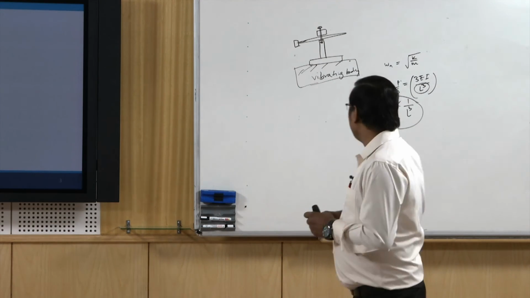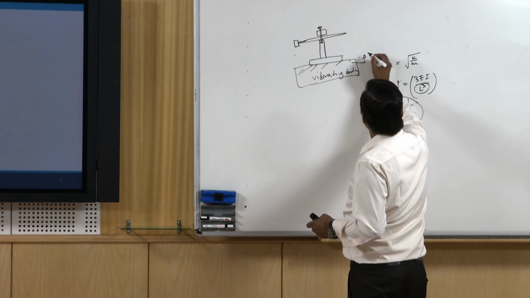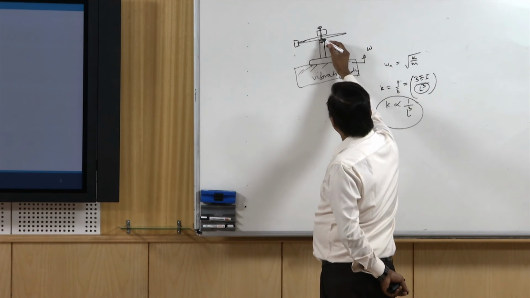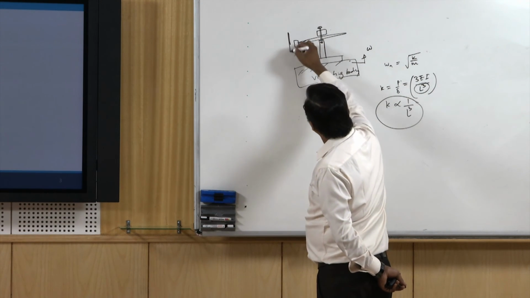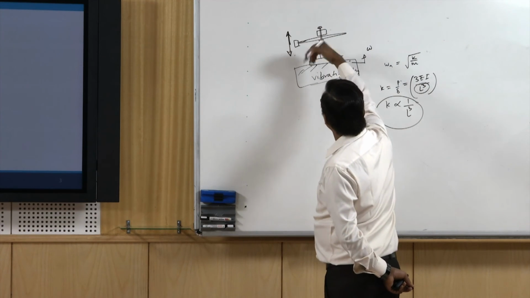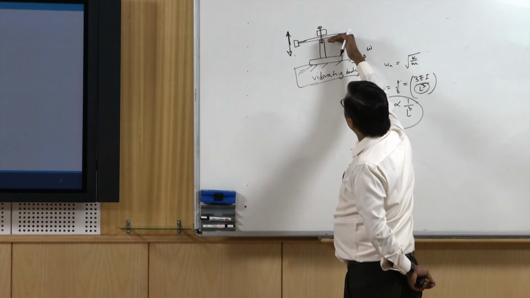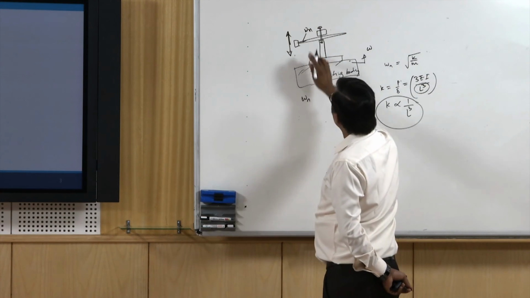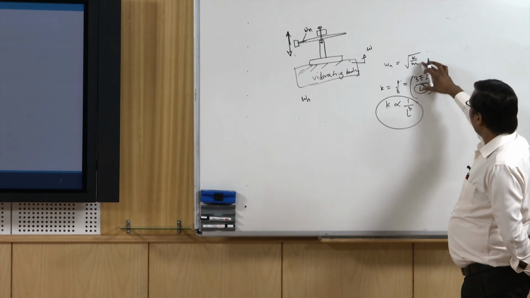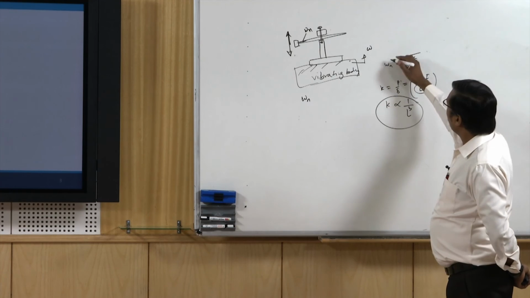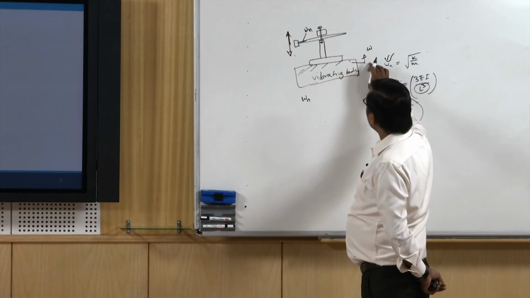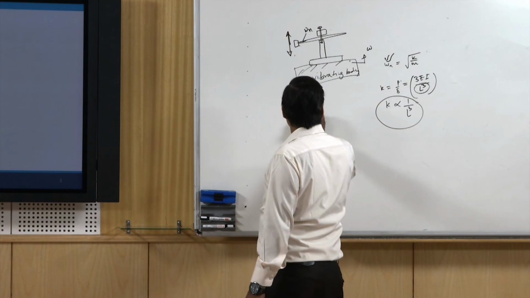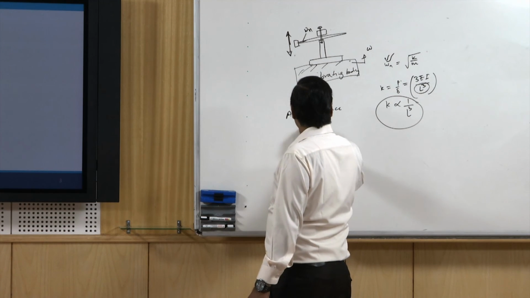If my structure is vibrating with omega, and at a certain length the cantilever vibrates with very large amplitude, it means this omega is equal to the omega n of the cantilever. We know omega n because we know all the properties of the cantilever, so that gives the frequency omega, because at resonance omega equals omega n.